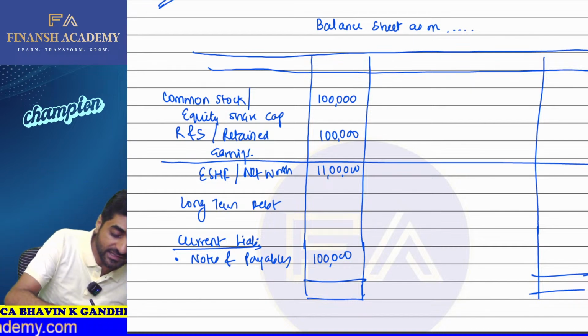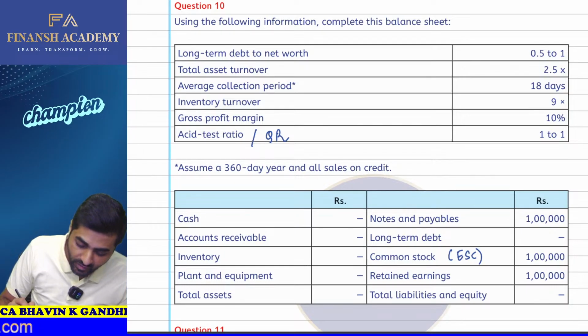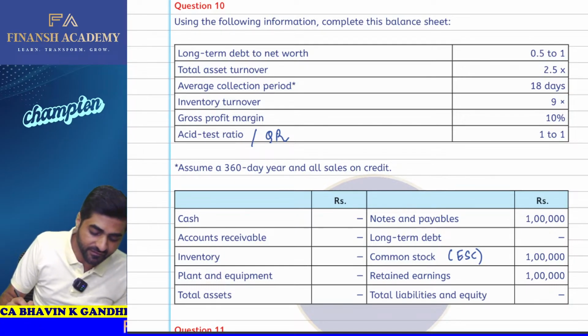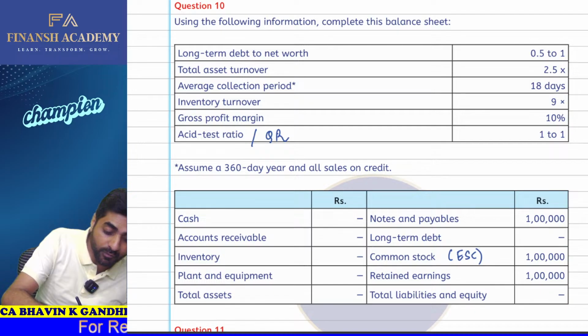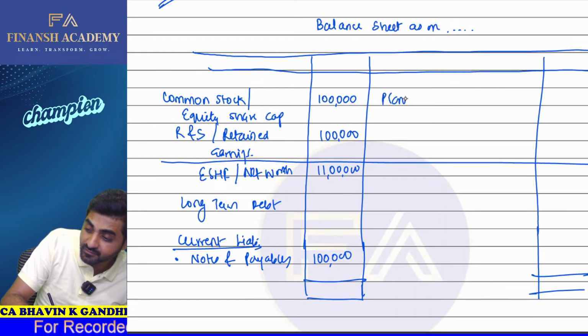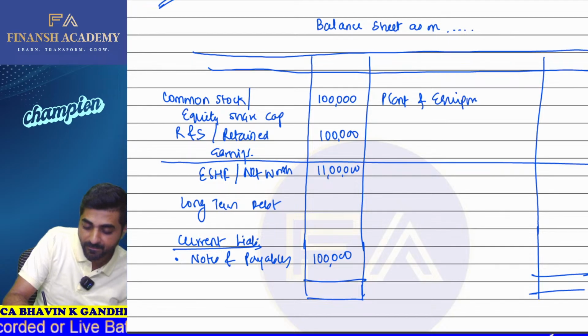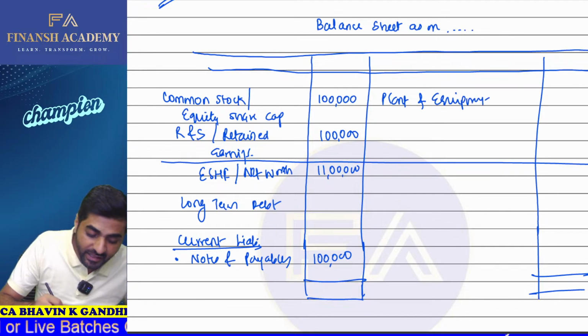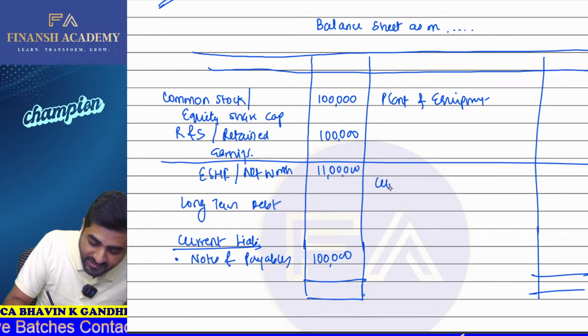What about the asset side? On the asset side, we have first plant and equipment for which the figure is not available. And then, my dear students, we are going to have some current assets.